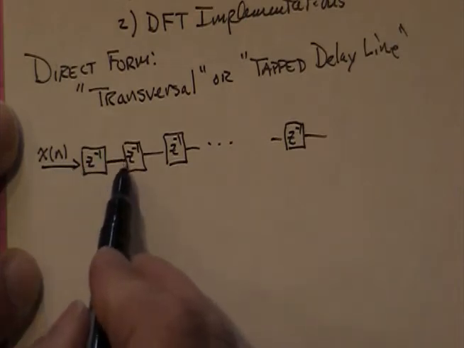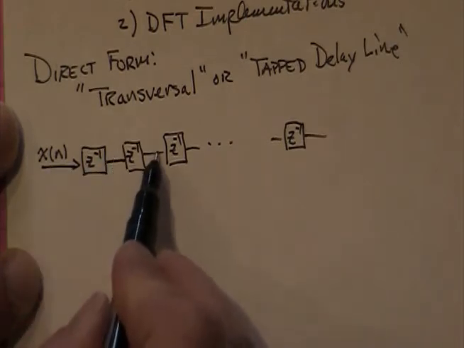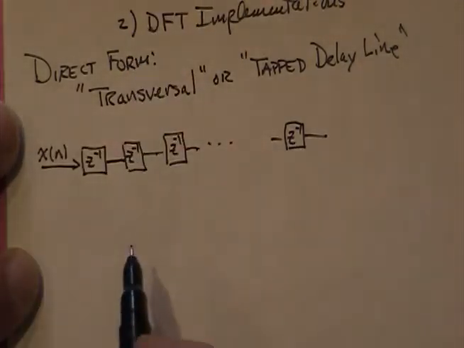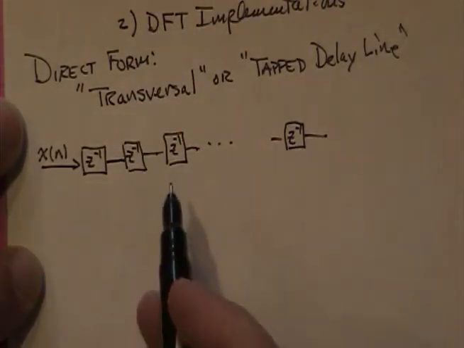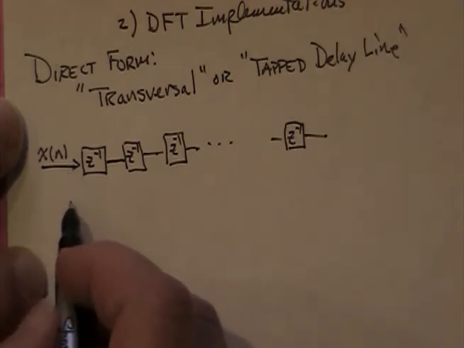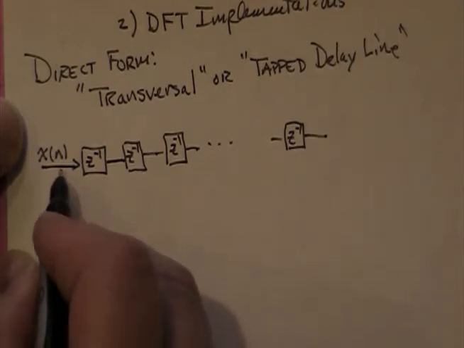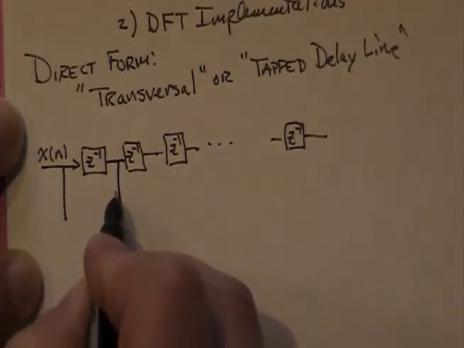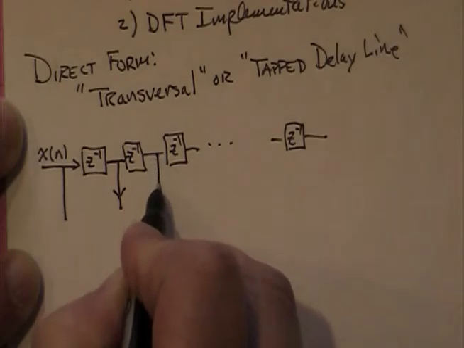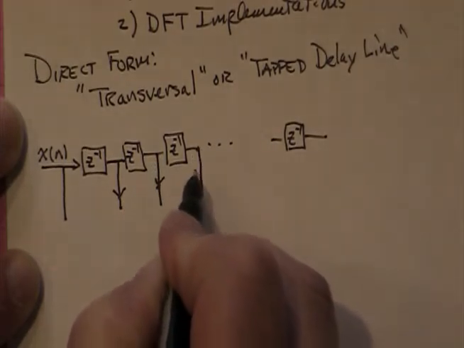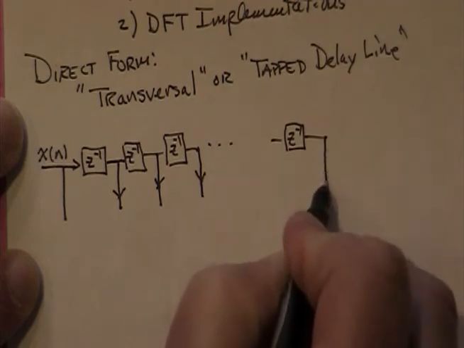So in this branch I have x of n minus 1, x of n minus 2, n minus 3, out to my last term was x of n minus the quantity M minus 1. And then I'm just going to add these guys up, right? And so I can form a linear combination of these guys. I'm going to weight these guys, and these are kind of the taps on the delay line. It's a nice little picture here.